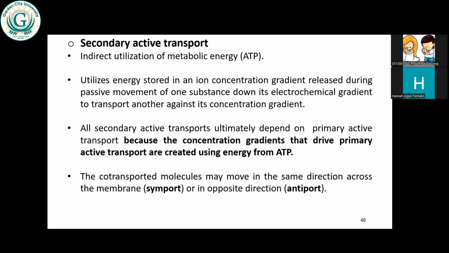Here, the primary active transport will take place and then establish an ion concentration gradient, and that will cause the passive movement of a particular ion down its concentration gradient. When that is happening, it's going to pull along another molecule against its concentration gradient.